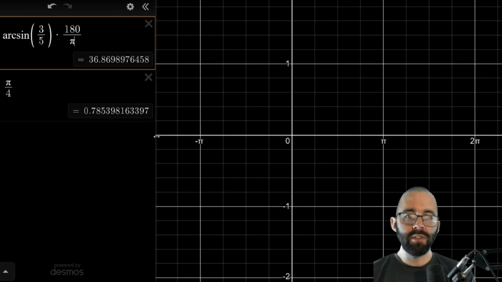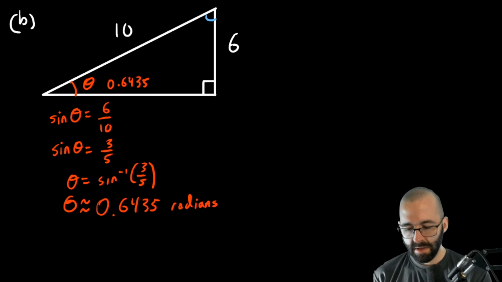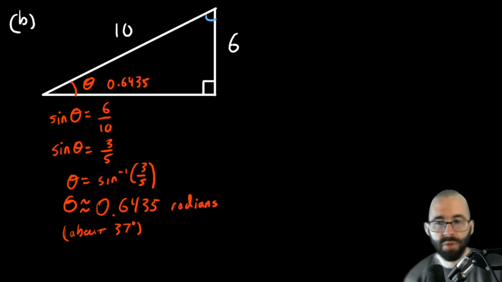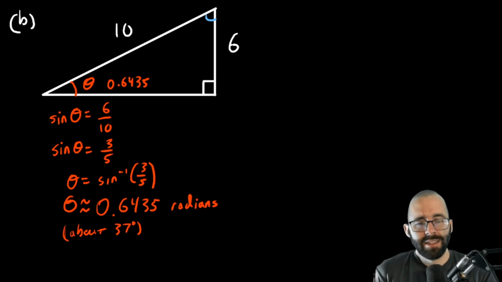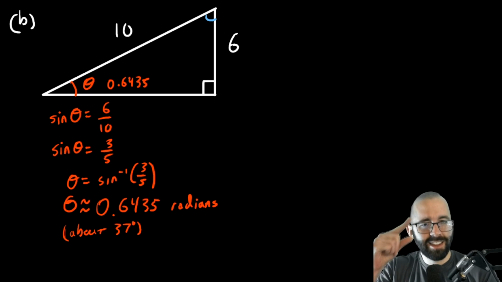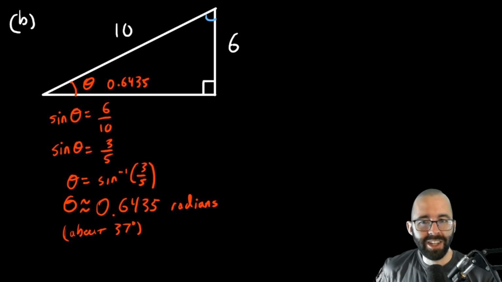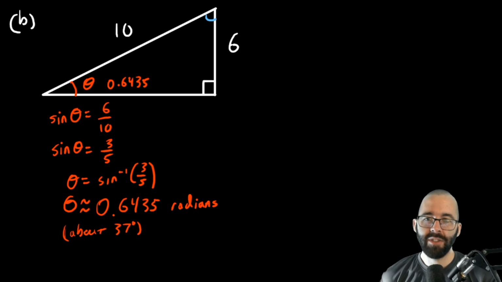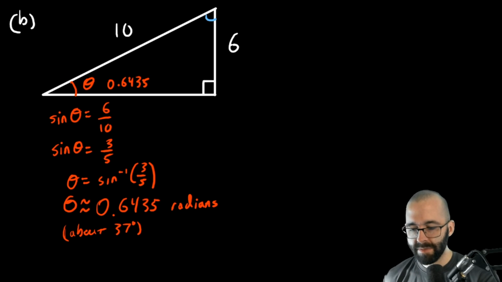That's about 37 degrees. You don't have to. I'll take either form. You could, though, because 0.64 radians is a little hard to visualize, I think, even if you're really good with radians. But 37 degrees is much easier to visualize.